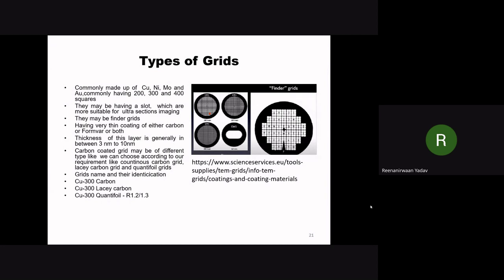And like copper 300 quantifoil R 1.2/1.3 means the basic framework is made up of copper metal having 300 squares and having a quantifoil layer over it. Each hole has a radius of 1.2 micrometer and the distance between two holes is 1.3 micrometer. Next slide.